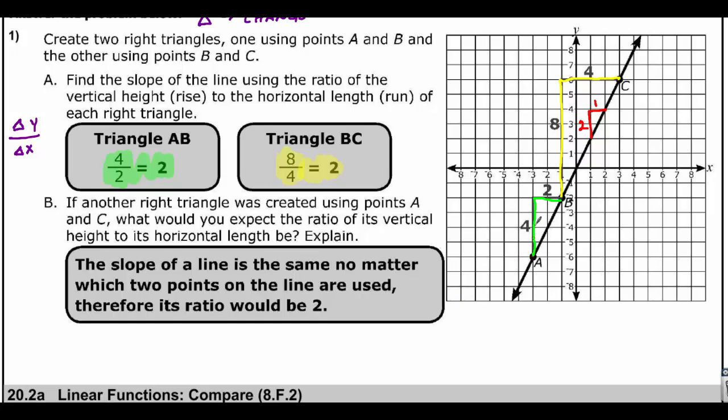When you do A to C, it's going to take you all the way up there. 1, 2, 3, 4, 5, 6, 7, 8, 9, 10, 11, 12. And all the way over there. 1, 2, 3, 4, 5, 6. And 12 to 6 is going to be a slope of 2. So it doesn't matter where you are on the line. The slope is always the same.